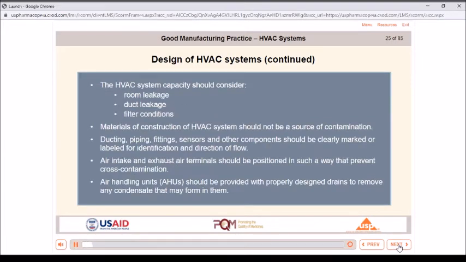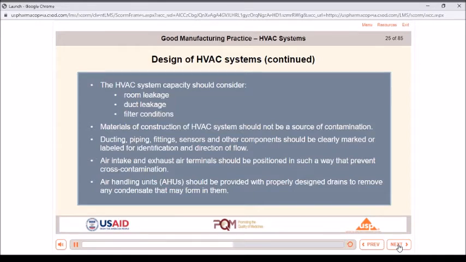Design of HVAC systems, continued. The HVAC system capacity should consider room leakage, duct leakage, and filter conditions. Materials of construction of the HVAC system should not be a source of contamination. Ducting, piping, fittings, sensors, and other components should be clearly marked or labeled for identification and direction of flow.